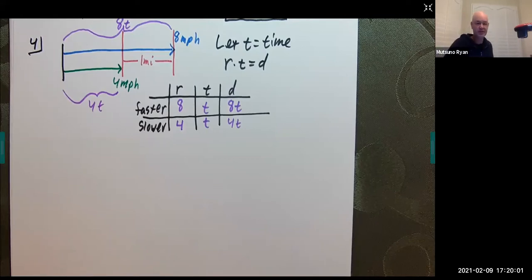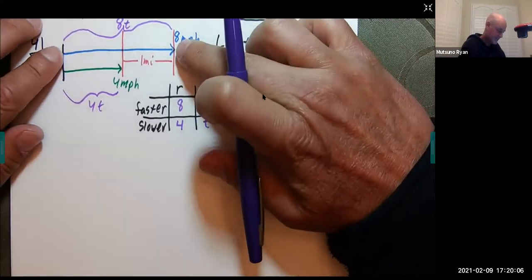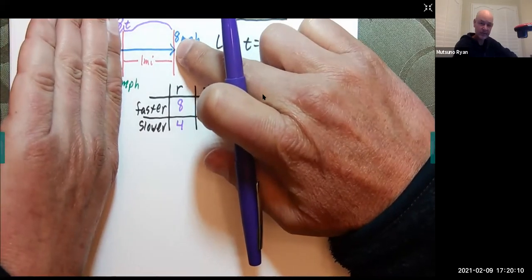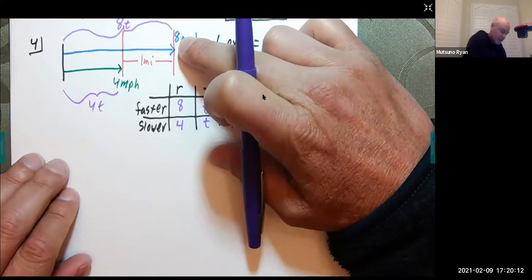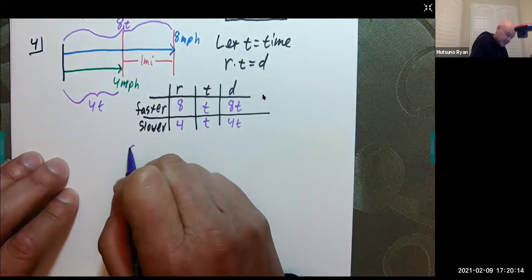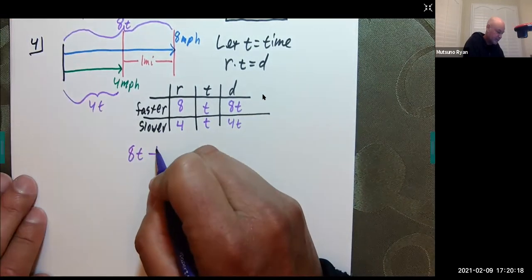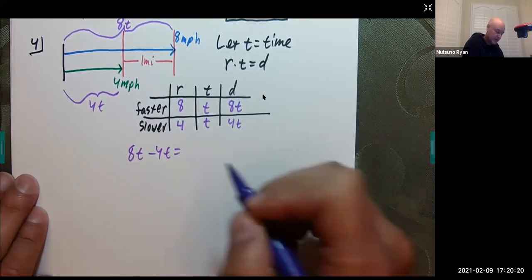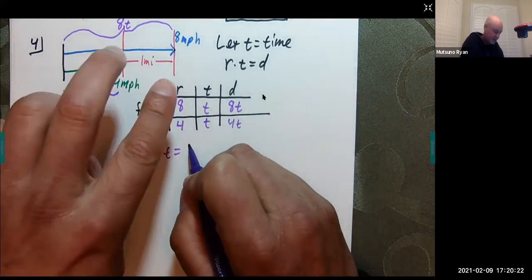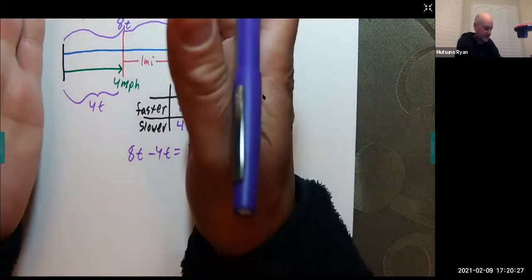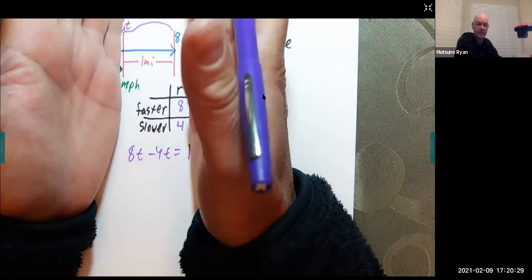So what do we do with this information? Well, distance from here is 8t, and this is 4t, and I need that to equal 1 mile. So here's what I'm going to do. I'm going to go 8t, and I'm going to subtract the 4t. And that difference, that's the red here, is going to be 1. Again, this minus that gives me the red.